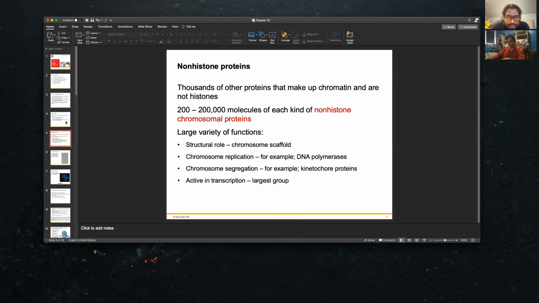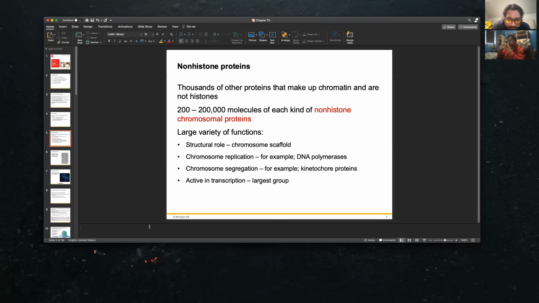All right, so chromatin is made out of DNA, histones, and these non-histone proteins. They have functional roles. Some non-histone proteins form the scaffold for the chromosome, playing a structural role.